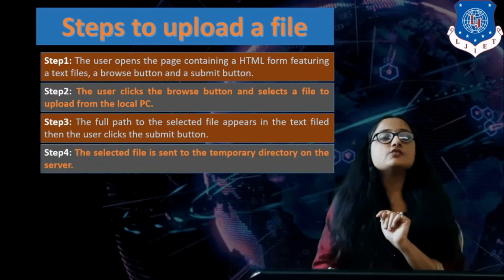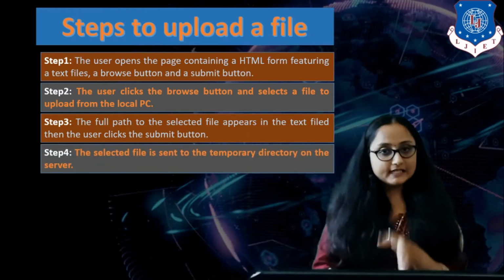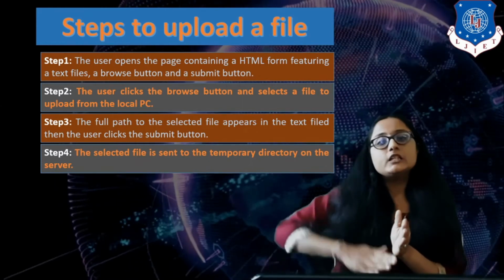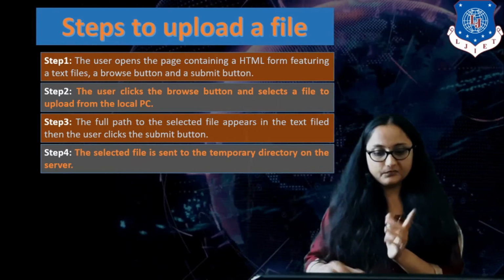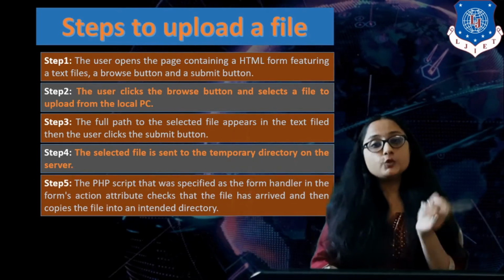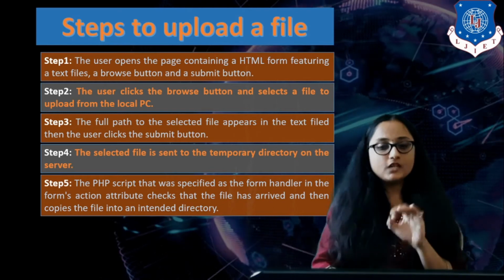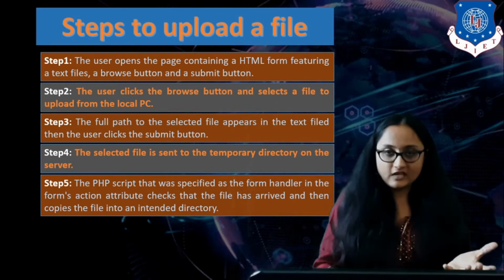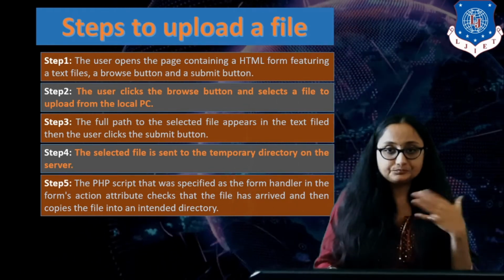As soon as the user clicks on the submit button, the selected file is sent to a temporary directory on the server. Now you have to move this file from the temporary directory to the intended directory. That we will do using a specified function that we will study in the upcoming lectures.